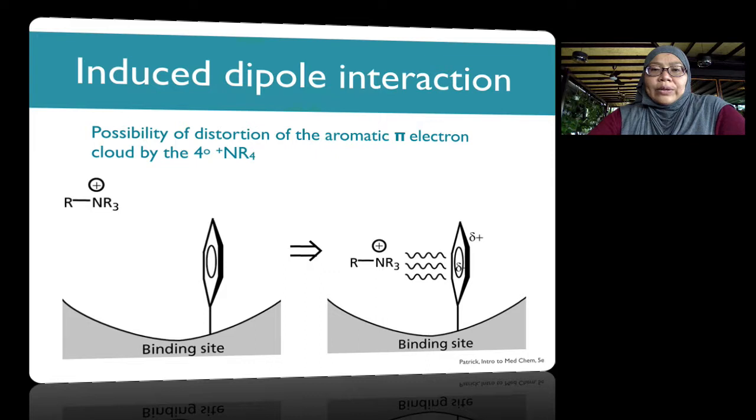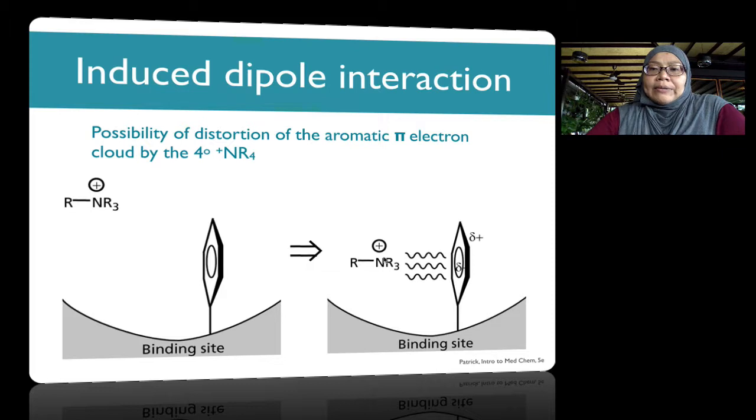Another scenario that can happen is an induced dipole interaction, whereby a primary amine, the charge, approaching a hydrophobic binding site in a receptor or enzyme, can induce a dipole moment.